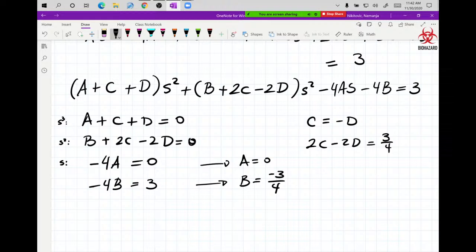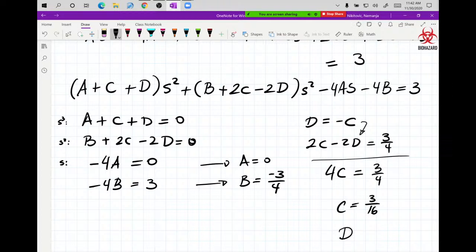And then we are going to plug in, let's do D is negative C, that's better. You plug that in, then you get 4C equals 3/4, and C is 3/16, which immediately means that D is negative 3/16. A, B, C, D, there they are.